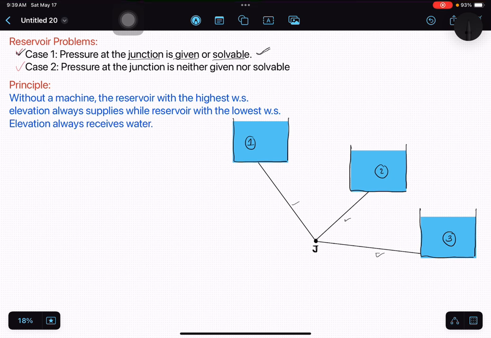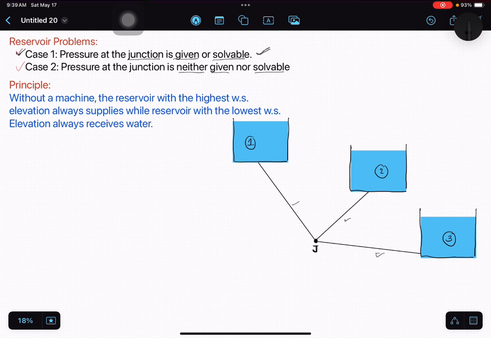Case 2 is kung hindi given at hindi rin solvable ang pressure at the junction. So, case 2 yan, mahirap, medyo mataas, mahaba yung solusyon na gagawin natin.